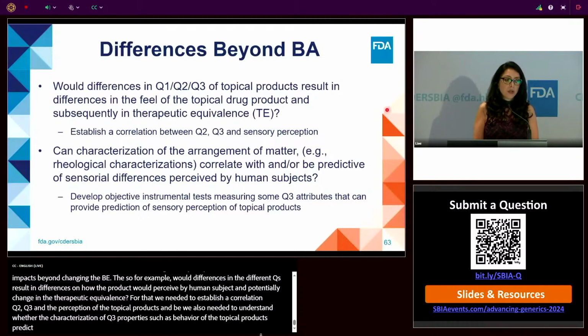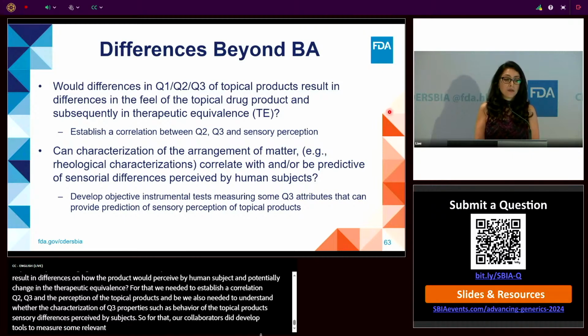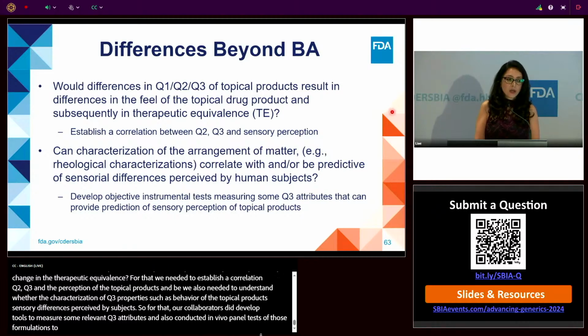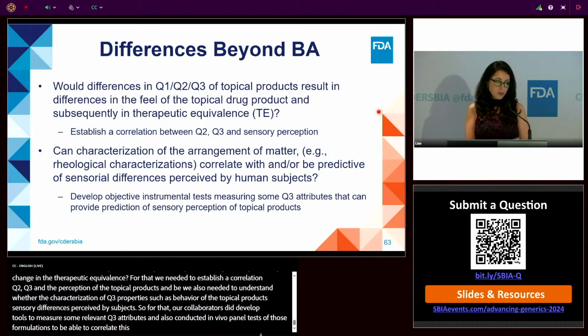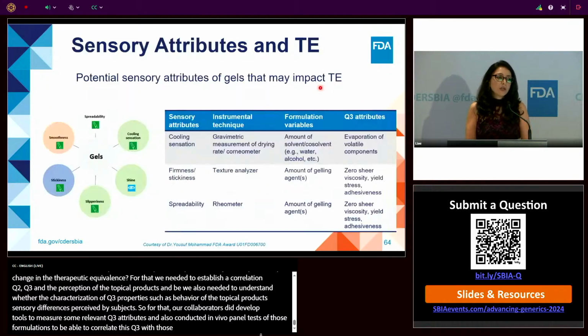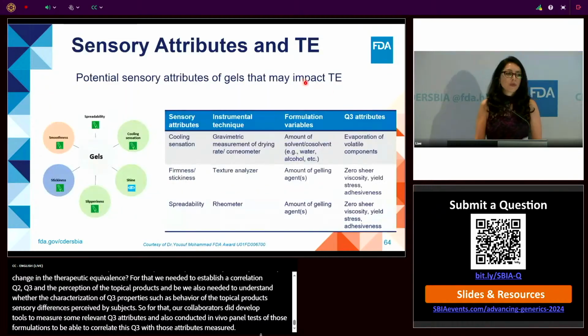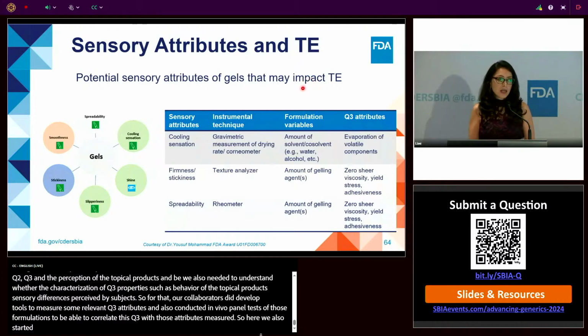For that, our collaborators developed objective tools to measure some relevant Q3 attributes and also conducted in vivo sensory panel tests of those formulations to be able to correlate these Q3 attributes with the sensory attributes measured. Here we also started with single-phase gels, and we identified relevant sensory attributes of those gels.